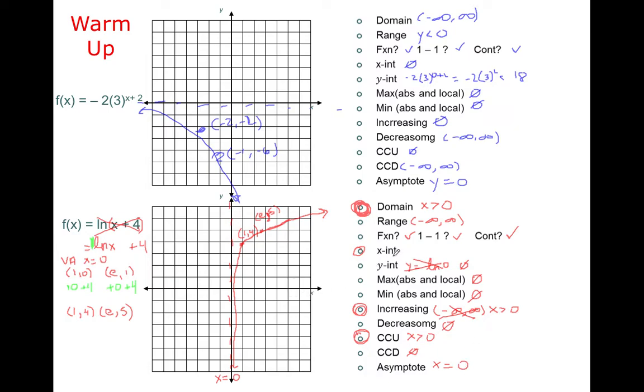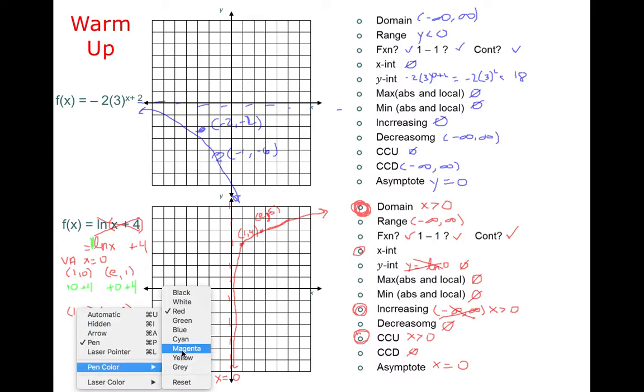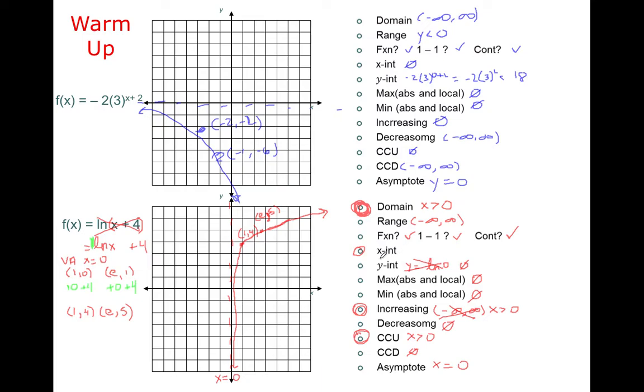Since I asked for the x-intercept, how do you find an x-intercept? Anytime, any place, anywhere. Right? An x-intercept, you plug in 0 for y. How do you get x by itself?